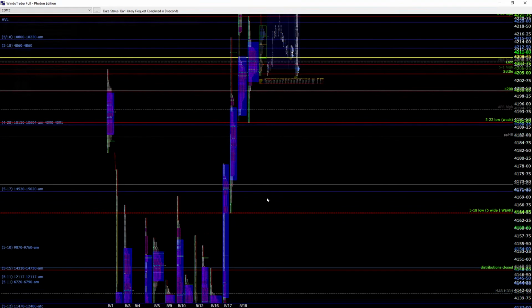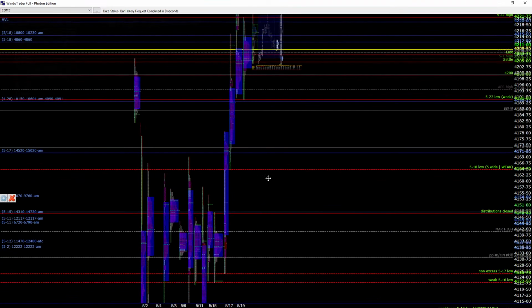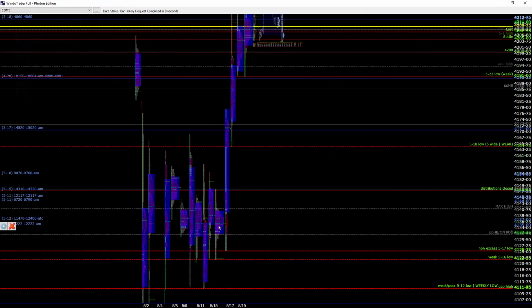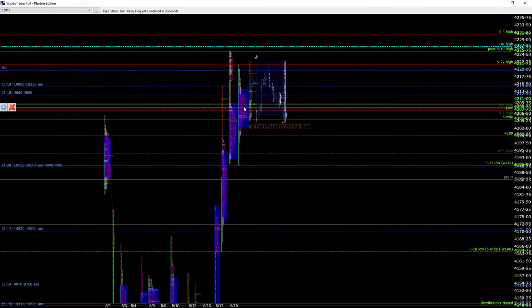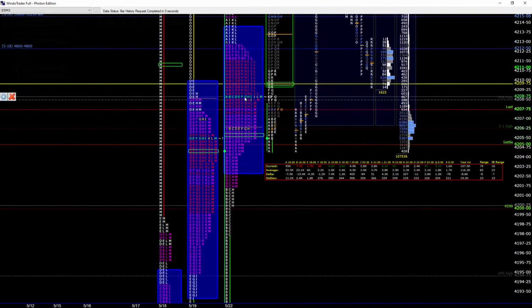The thing is, the trade is to the upside, right? We got value here, breakout, value higher, value higher, value higher, value higher. Value keeps going higher. POC yesterday moved higher. It was here originally, but it moved higher. It ended higher here.